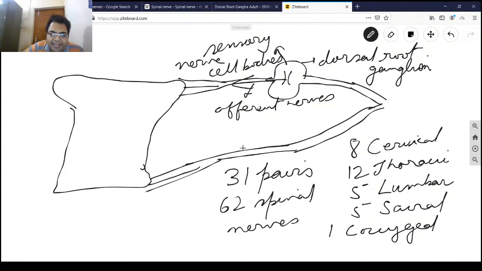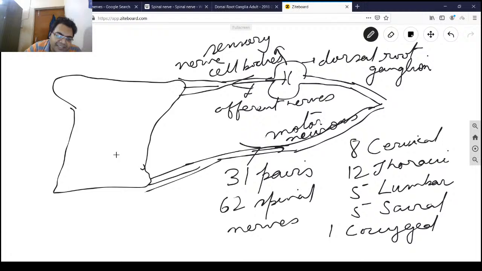And the ventral nerves carry the motor neurons, but their cell body is not present in the root, outside the spinal cord before the intervertebral foramen.